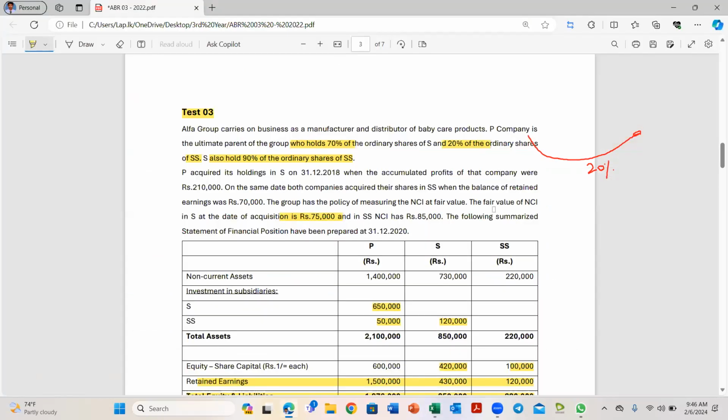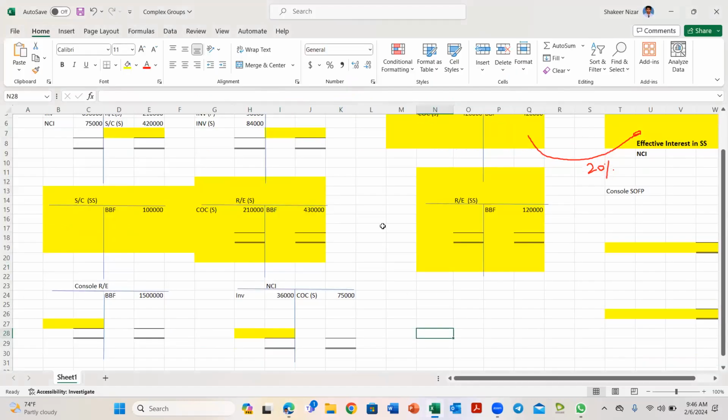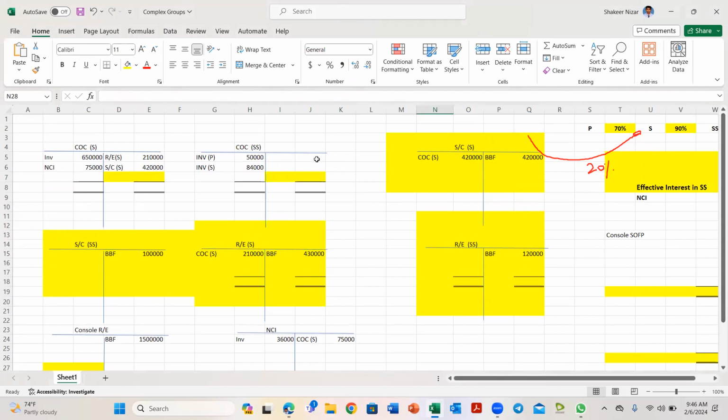That is done. Then you want to recognize the retained earnings balances at the acquisition date, 70,000. S retained earnings 70,000. You recognize the retained earnings of the subsidiary, so debit the retained earnings of subsidiary 70,000. Right, that is also done.